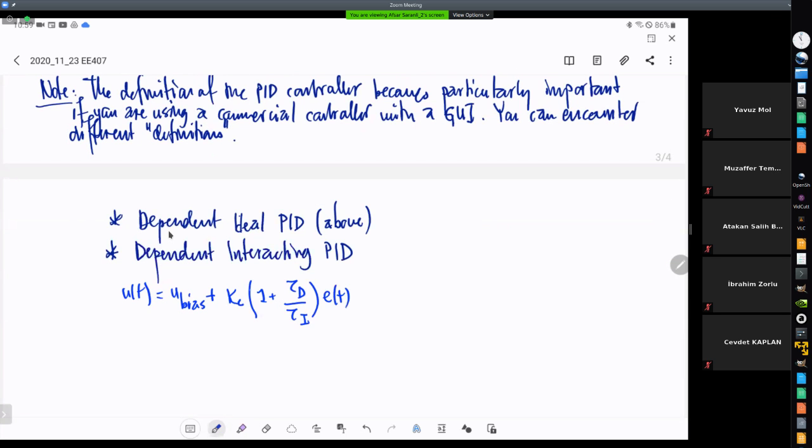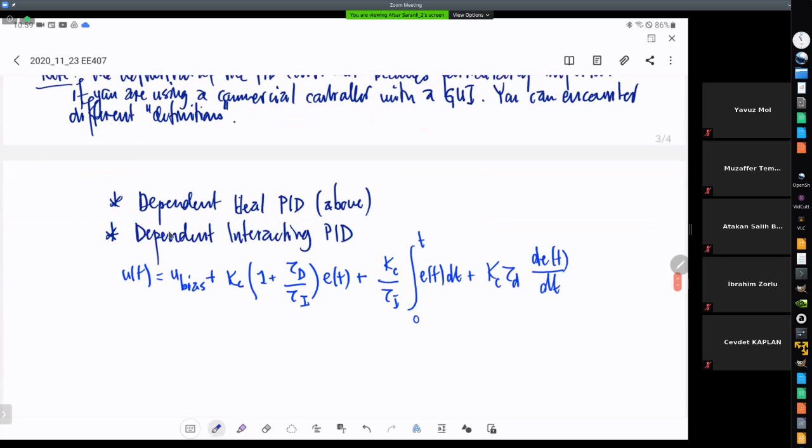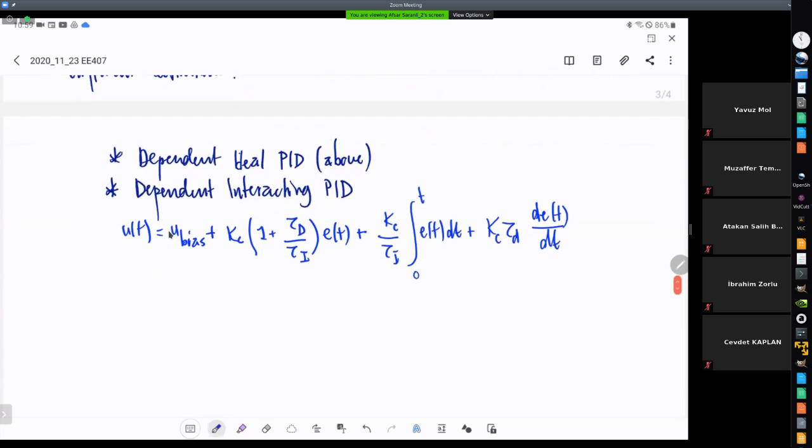So you see that all parameters somehow affect the error here, plus Kc over tau I times the integral 0 to t e of t dt plus Kc times tau d de of t over dt. Okay, so that is the dependent interacting PID.